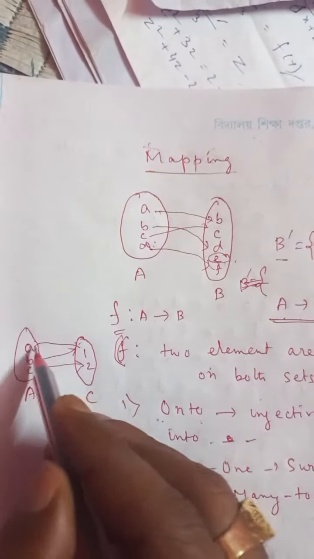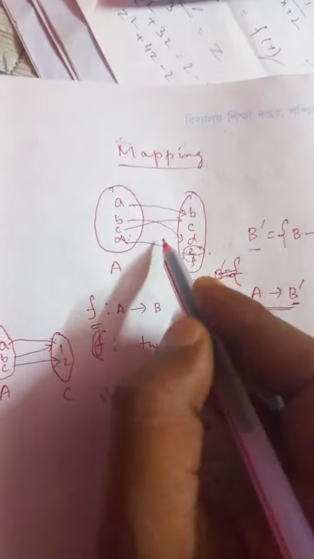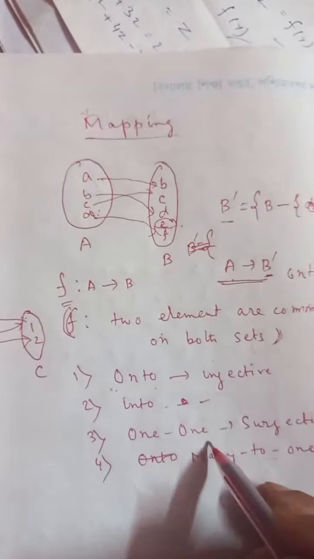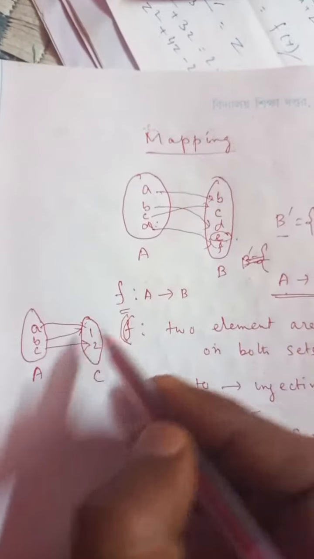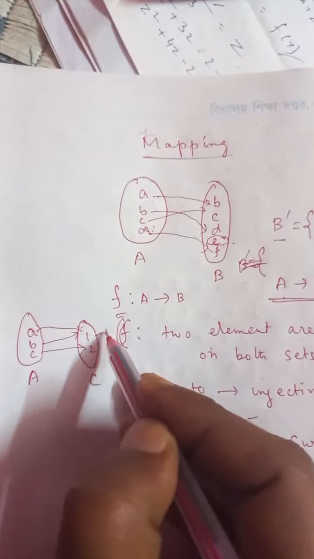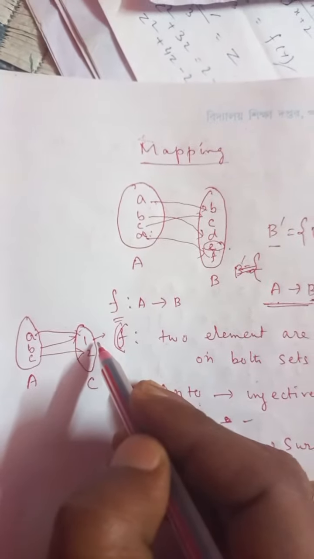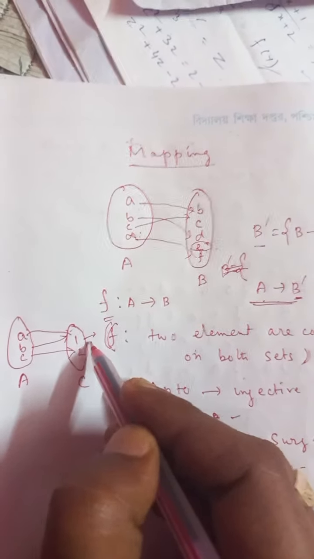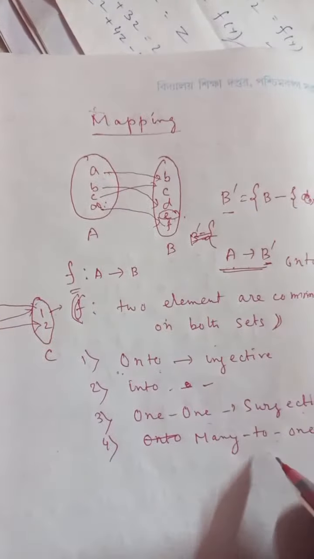So here I have taken one element to one element. This is called one to one or injective mapping. But here two elements or more than two elements map to one element in the other set. So it is called many to one mapping.